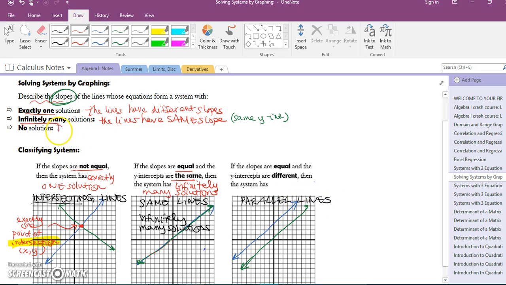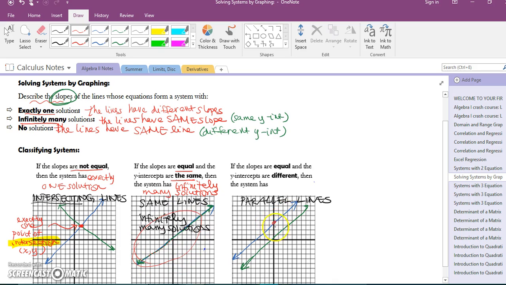So for no solution, the lines have the same slope. So that's how I'm going to describe the slope for this type. In addition to be parallel, it should be a different y-intercept. If the y-intercept was the same and the slope was the same, you'd be looking at this situation.